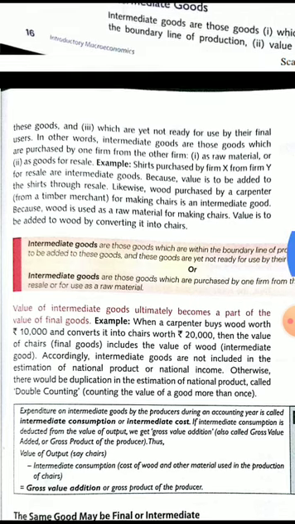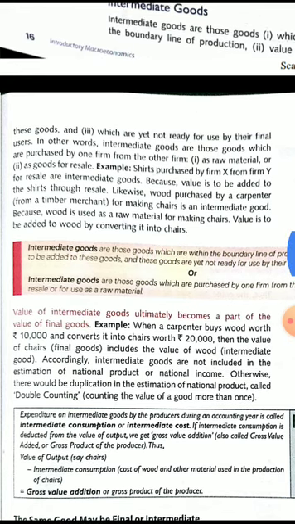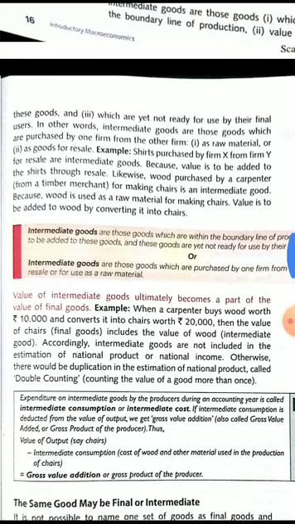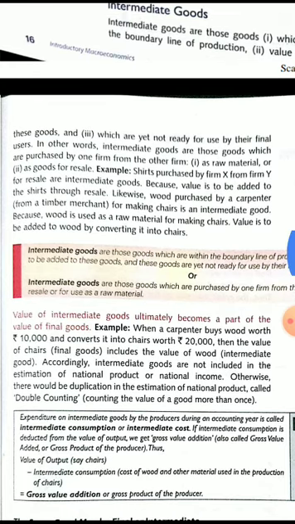So, intermediate goods are those goods which are produced in a factory and then sent to another producer's factory for their production process. Suppose, for example, all the teachers teach on a whiteboard and they use a black marker or blue marker.